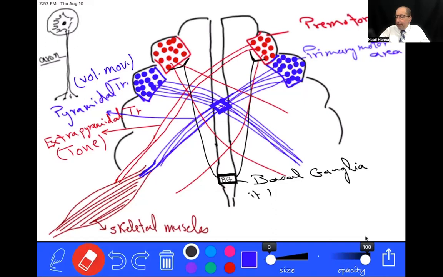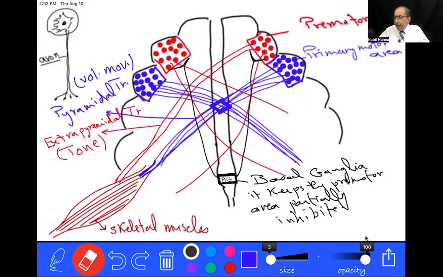It keeps the premotor area partially inhibited. It's pressing the brakes.